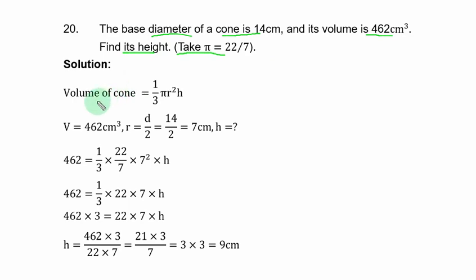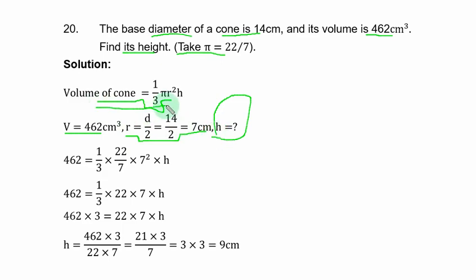Volume of a cone is equal to 1 over 3 times pi r squared h. The volume is given. We have diameter, we need the radius, which is equal to diameter divided by 2, and that is 7. The height is unknown.